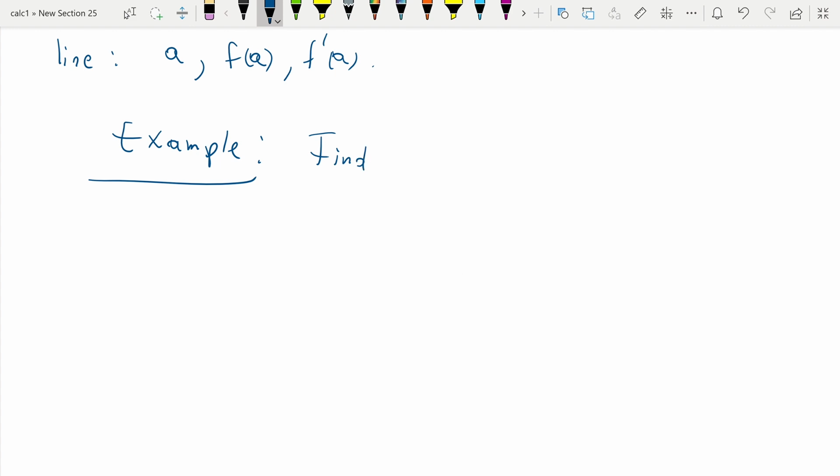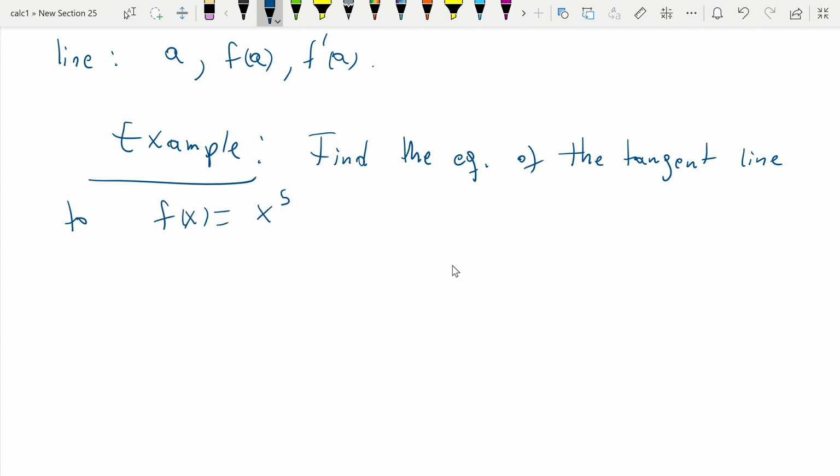What happens if we're asked to find the equation of the tangent line to f of x equals x squared at x equals 3?